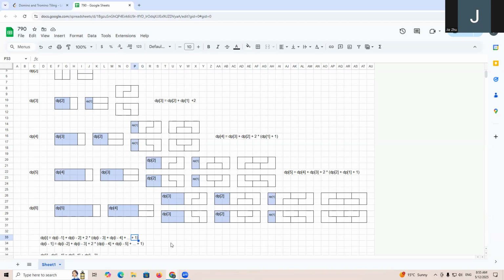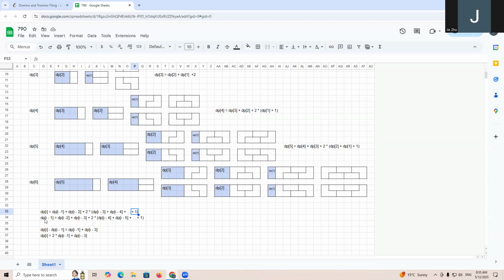So from this formula, dp[i-1] will be equal to dp[i-2] plus dp[i-3] plus 2 multiplied by dp[i-4] plus dp[i-5] plus 1.